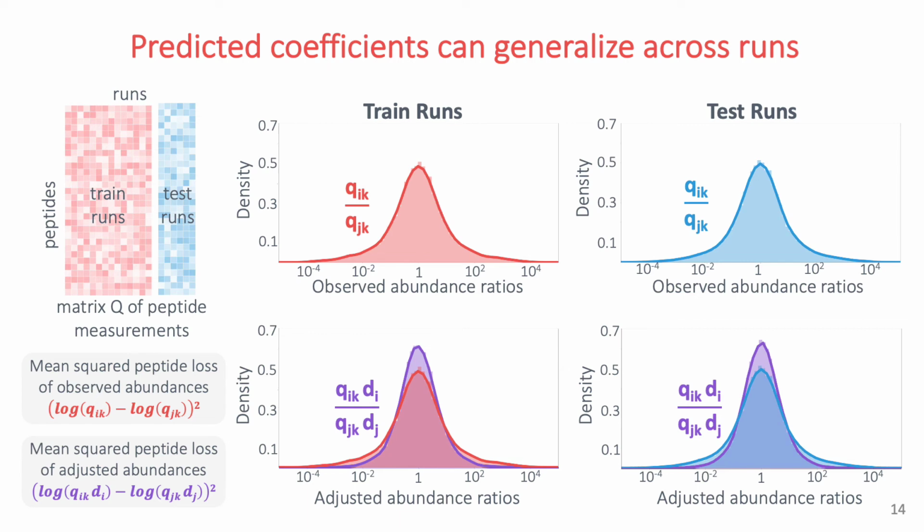When we calculated these two losses for the train and test sets, we observe that we can successfully reduce the loss by almost 50% for both sets, which indicates that our neural network can predict coefficients generalizable across runs.